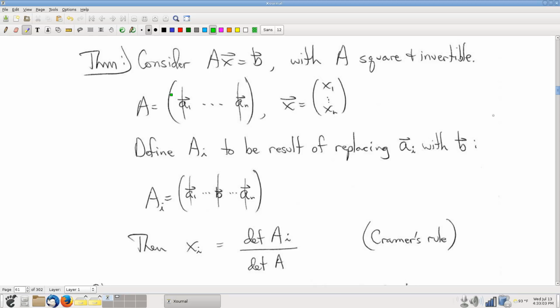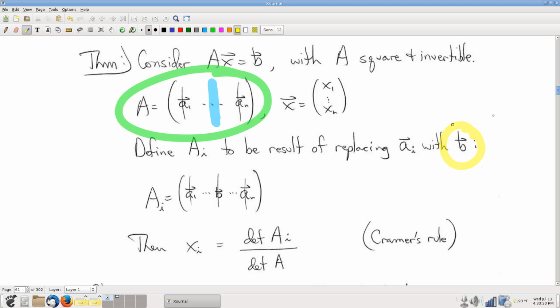Okay. And I'm going to make this weird little definition now. This is very strange. What I'm going to do is take the matrix A, and I'm going to find the ith column. Now, the ith column has a vector in it we've already agreed to call A sub i. And what I'm going to do is trample that by placing in that location instead this b vector.